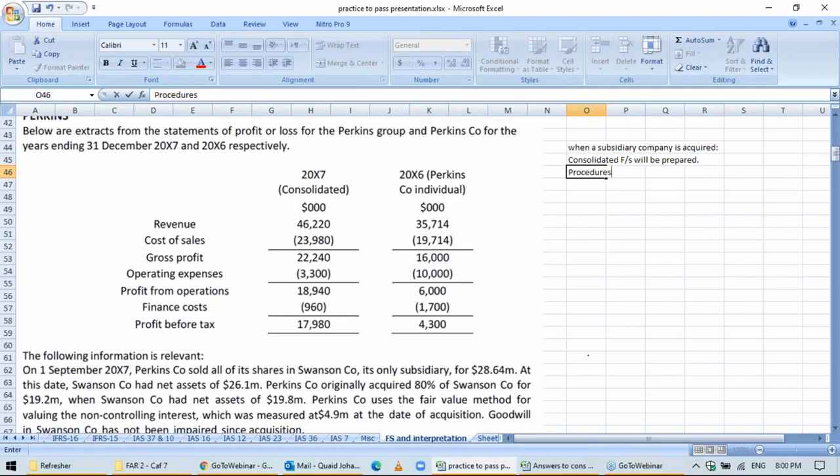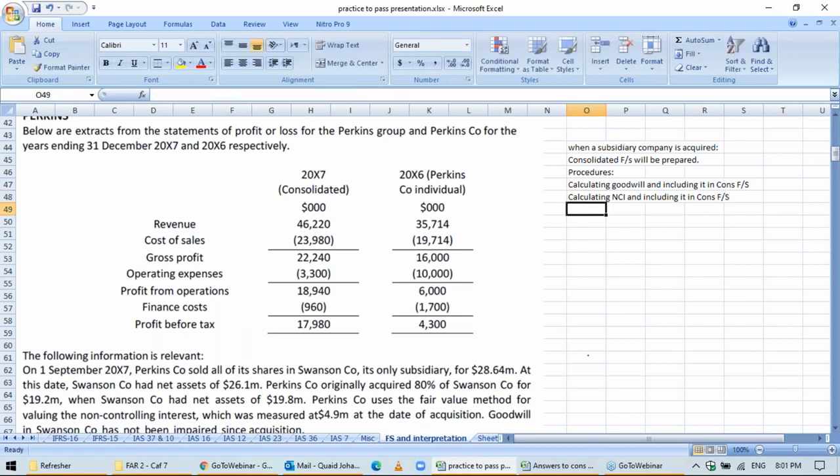So the procedures involve, I'm giving a brief summary: calculating goodwill and including it in consolidated financial statements. Second, calculating NCI and including it in consolidated financial statements, right?